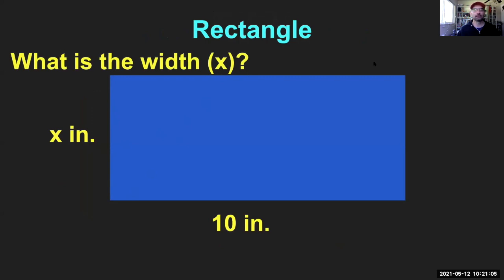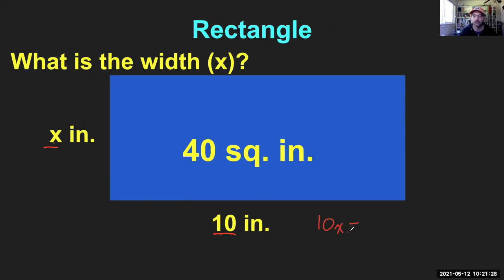Because they're going to tell us the area. So we know the area is 40, and we know one of the dimensions is 10. So we know that 10 times this, base times height, or length times width, is going to equal 40. So I could say 10 times x in this case is going to equal 40?